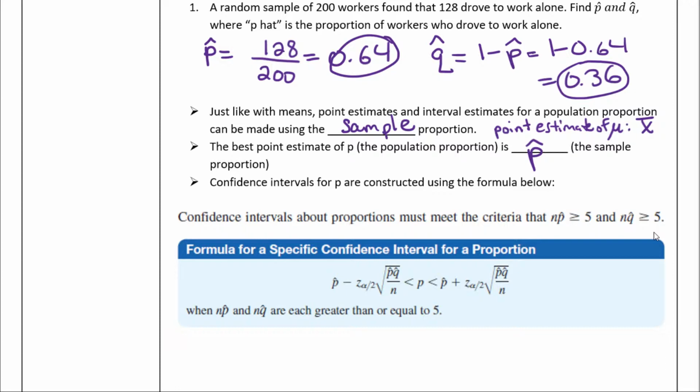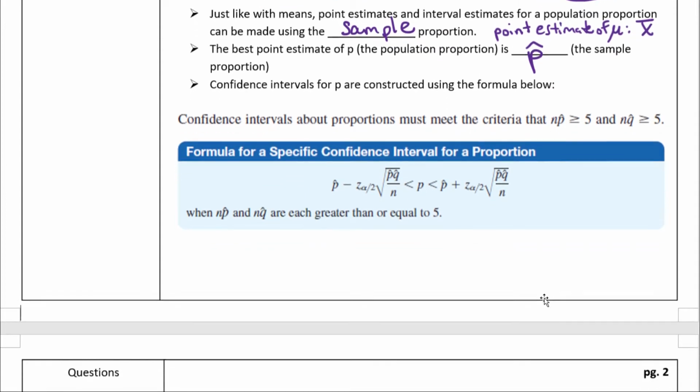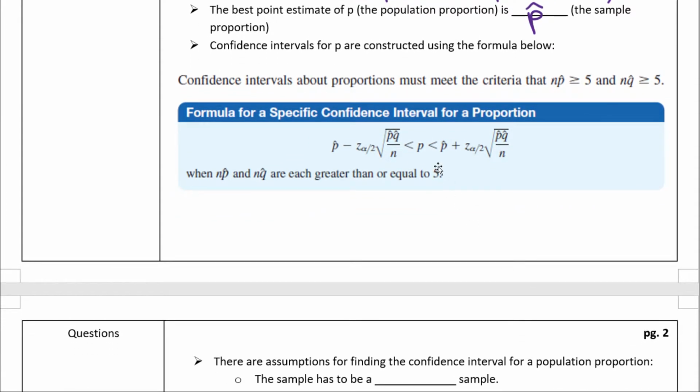Confidence intervals for p are constructed using the formula below. Just like we had a formula for a confidence interval for means, we're going to have a very similar formula for proportions. In order to use this confidence interval, you have to meet the condition that np has to be greater than or equal to 5, and nq has to be greater than or equal to 5.